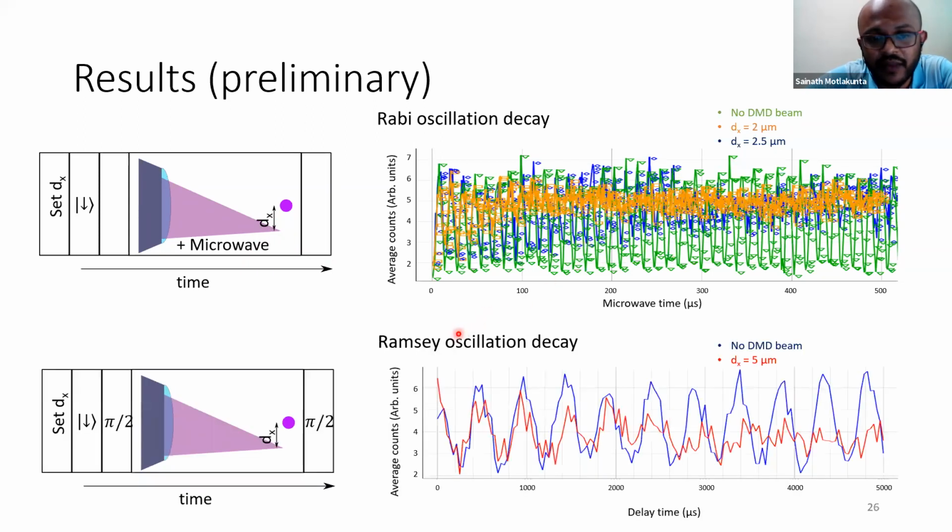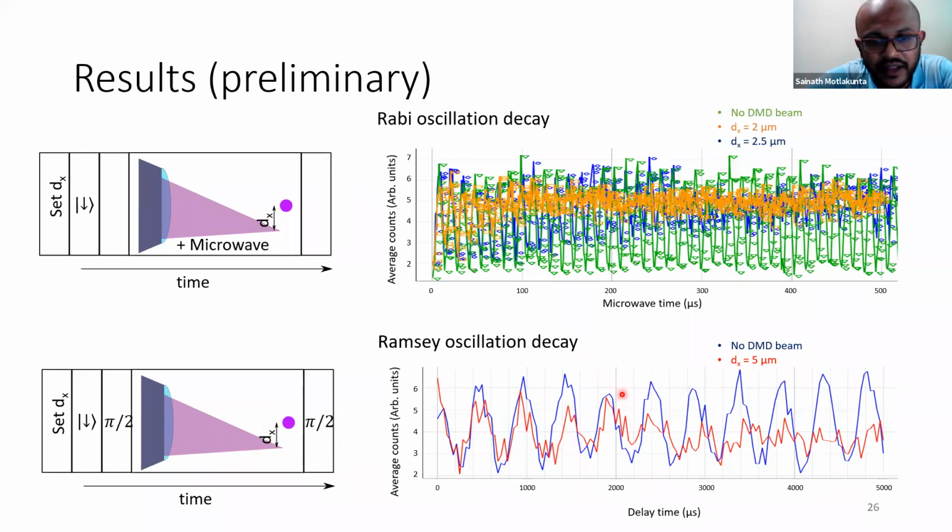An analogous effect can also be seen in the Ramsey oscillation decay, where the DMD beam reduces the visibility of these oscillations. Similar to the previous experiment, we have the timing sequence here, where you set dx, pump the ion to the downstate, followed by a pi/2 pulse of the microwave, and then you turn off the microwave and have just the DMD light focused at a distance dx, and after the wait time, you have another pi/2 pulse.